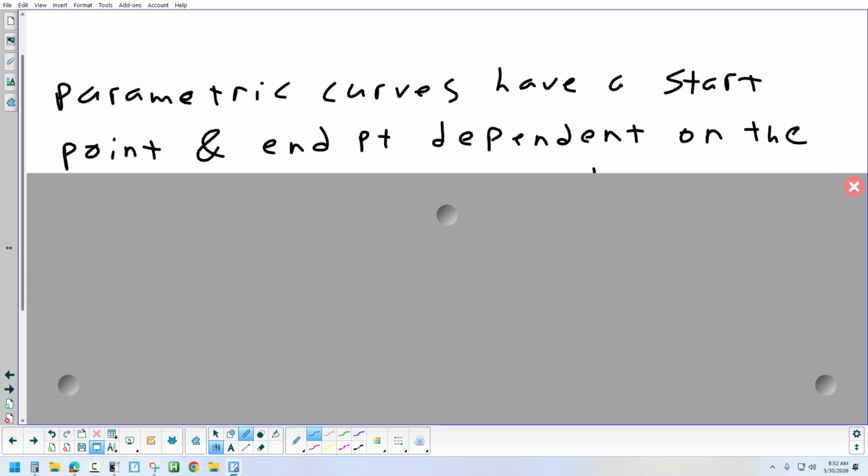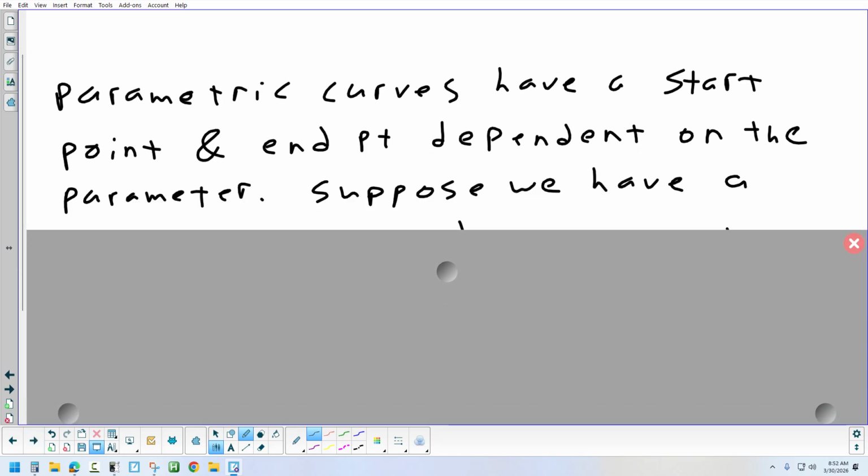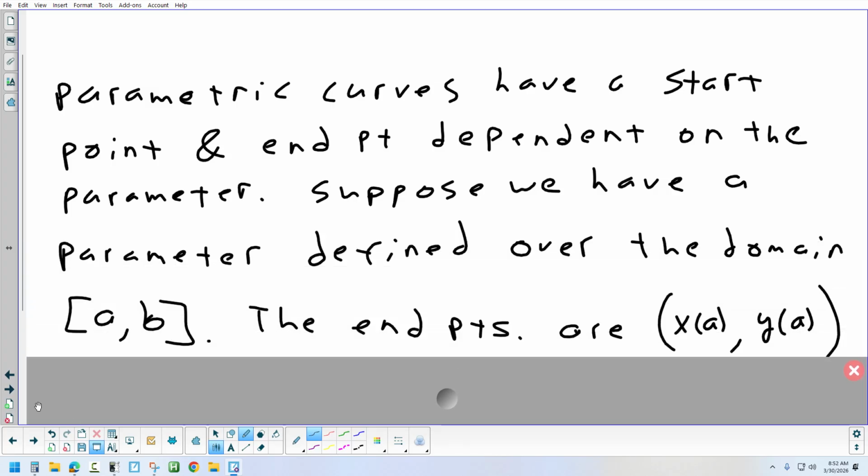One thing that will help us to try to figure out what a graph looks like is finding the start point and the end point. Unless your value for t is all real numbers, every parametric graph has a start point and an end point. So let's say they give us an interval. These are the numbers that you would be allowed to plug into your formula.